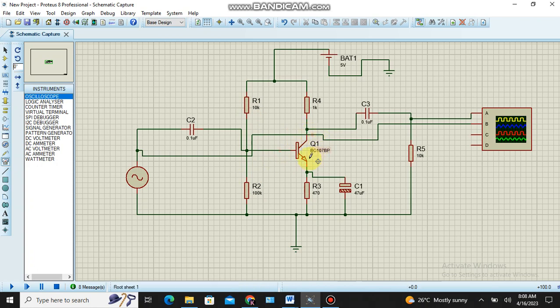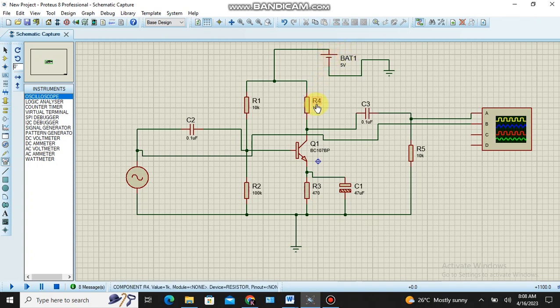Okay, so this is the BJT. This R1 and R2 is the voltage divider network. This is for giving the input output biasing to the BJT. So this is the biasing voltage.